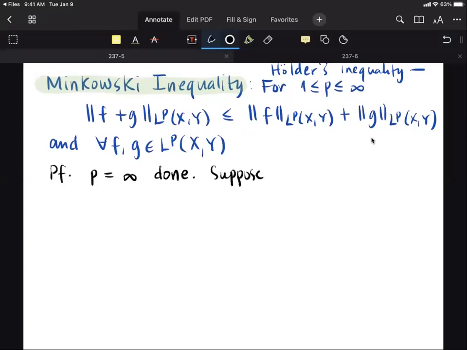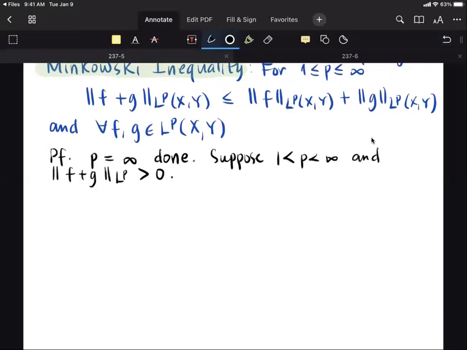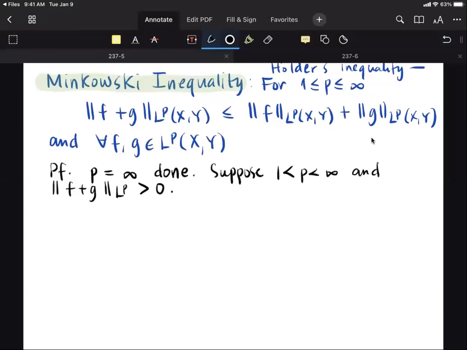So suppose P is finite, and again, assume that the left-hand side is strictly positive. We will not emphasize x and y now. Because if this is 0, then trivially, since these functions are non-negative, this inequality holds when the left-hand side is 0.